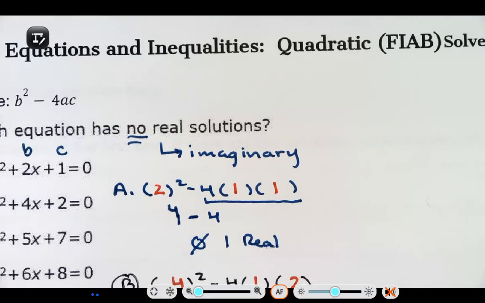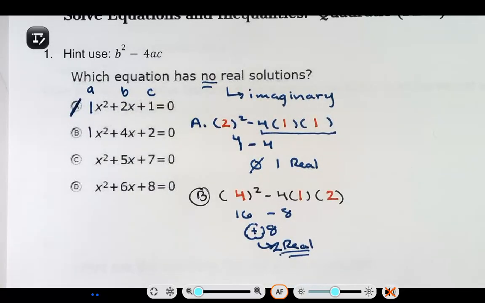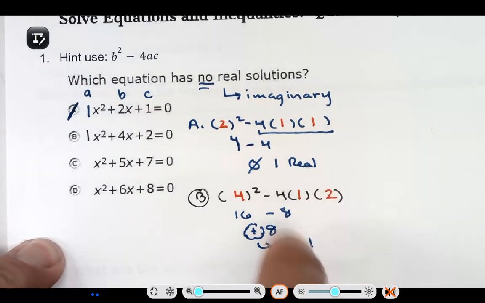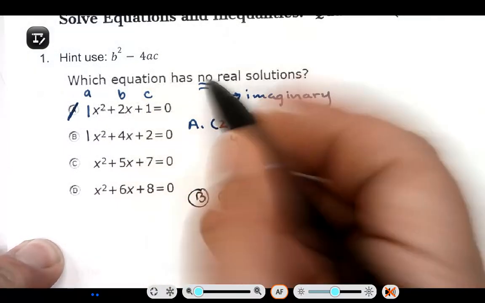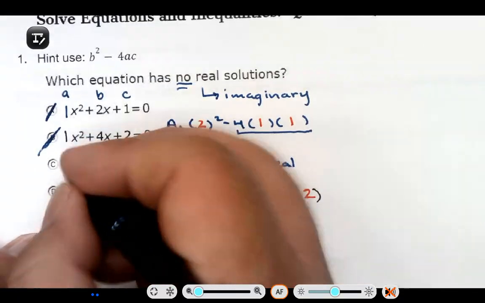It's the fact that it's positive. And because it's positive, it means there are two real solutions. So again, that's not what we're looking for here. Sorry, I just realized that most of it was off screen. So again, when we set it up, we worked it out. The positive number tells me we have two real. We're looking for no real, so this one's out as well. All right, we keep it going.